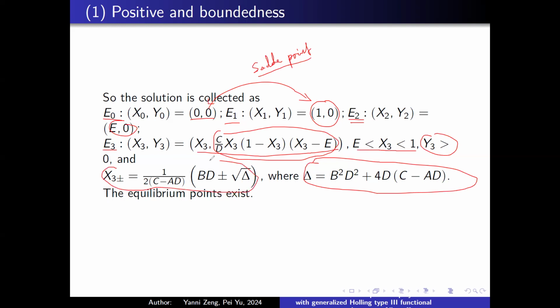We have two values of x in terms of the solution of the quadratic, expressed in two points and two values based on the equilibrium points. So now we will discuss the stability of the equilibrium points.